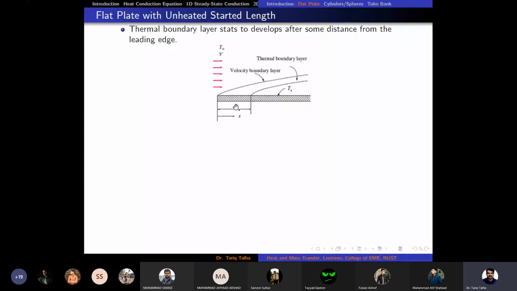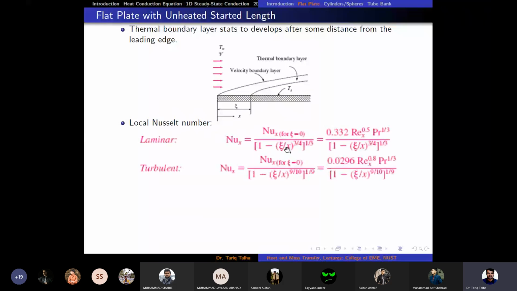For that, there are quite formidable relations, which are quite complex. Nusselt number can be calculated from the same relation, but there is something in the denominator to accommodate that unheated initial length. So the zeta parameter is the length which is unheated in the beginning of the flat plate.